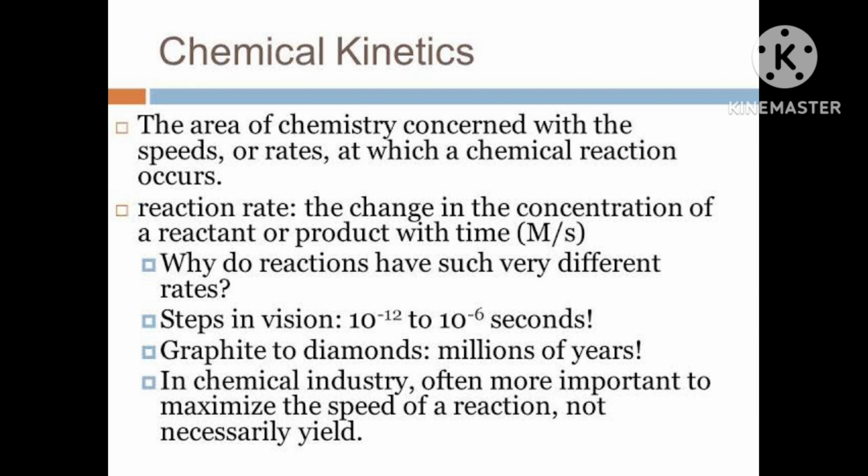This formula only you have to use. Then you have to see the given reaction and the coefficients: 2N2O5 is the reactant, giving 4NO2 plus O2. Now you have to keep the coefficients in mind.